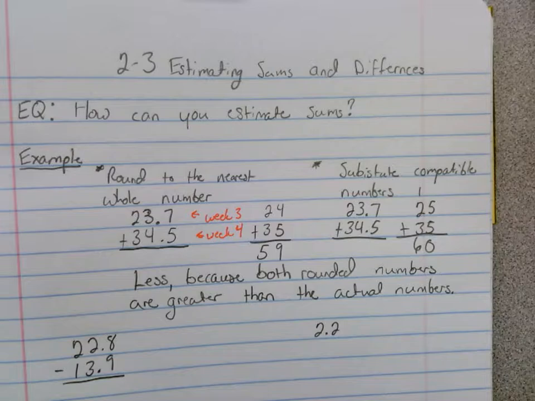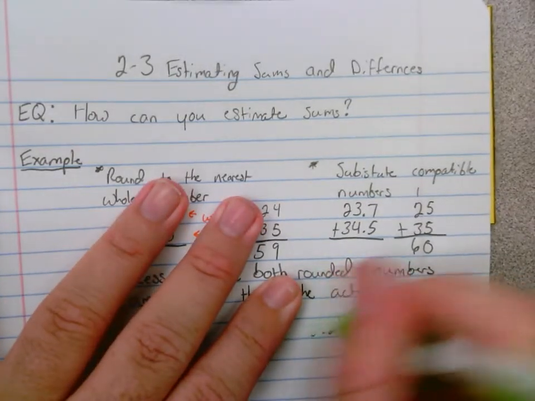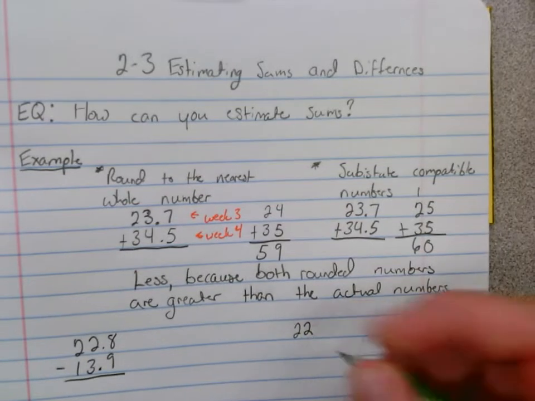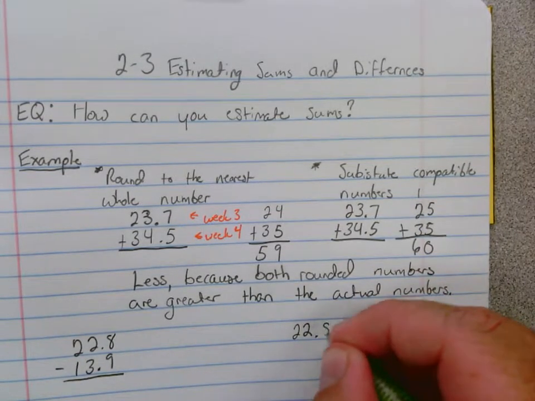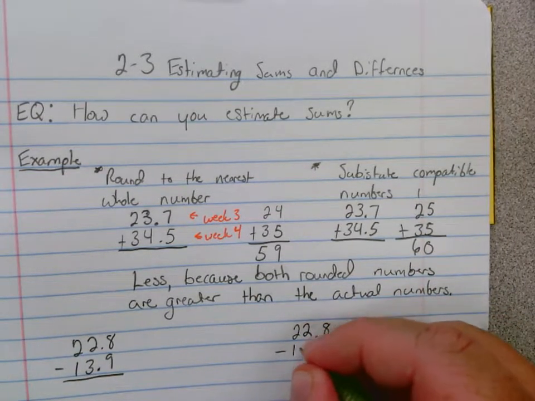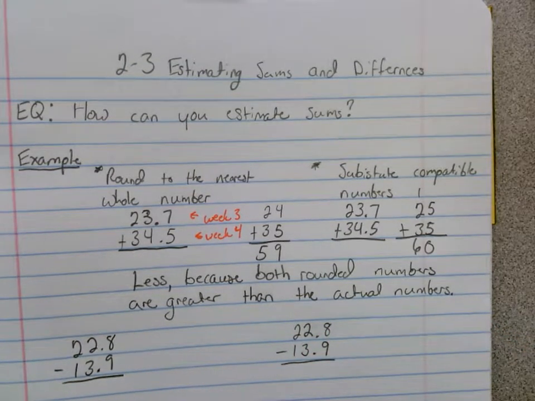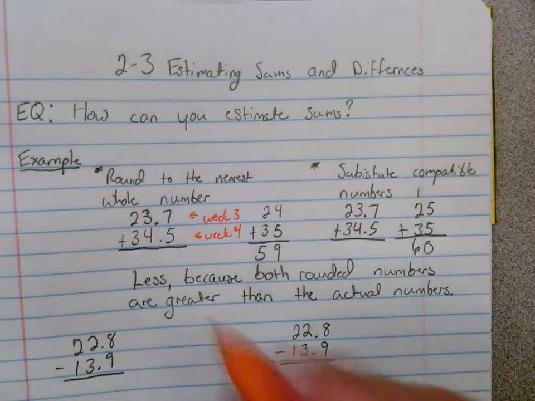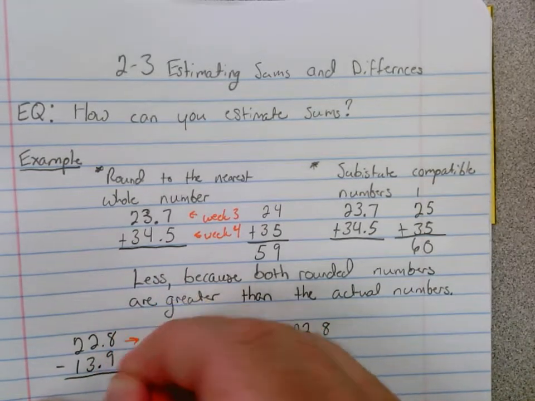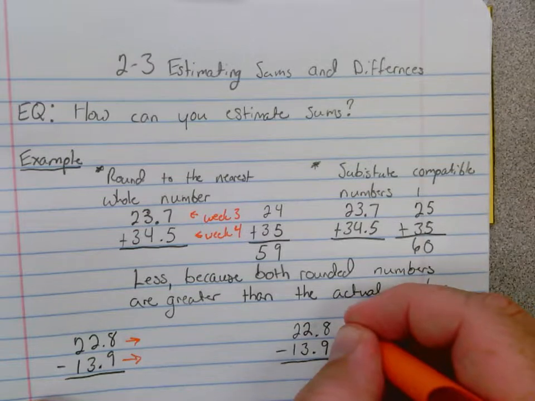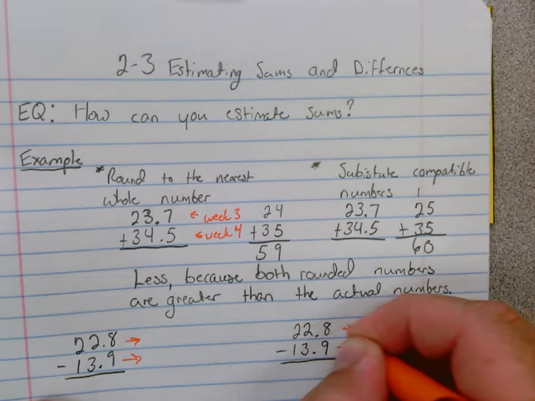I actually wrote this wrong. Okay, and first I'm going to estimate these using rounding to the nearest whole number, and then I'm going to substitute for compatible numbers.